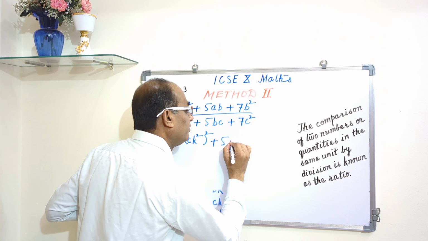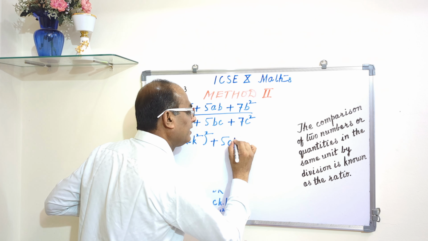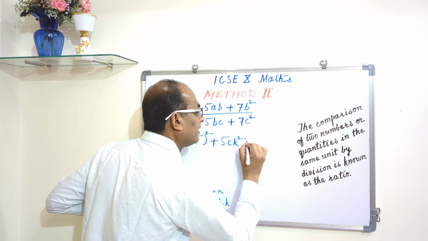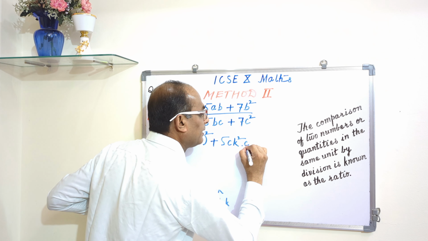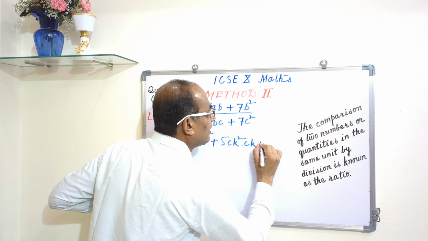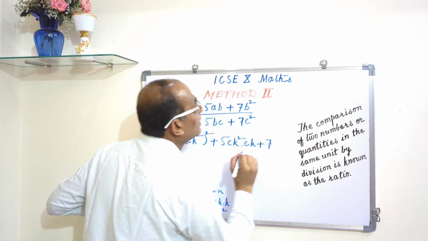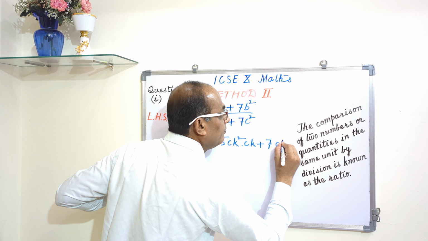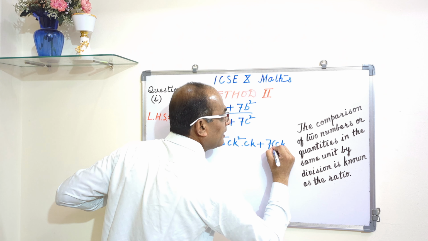A is equal to ck square, and b is equal to ck.